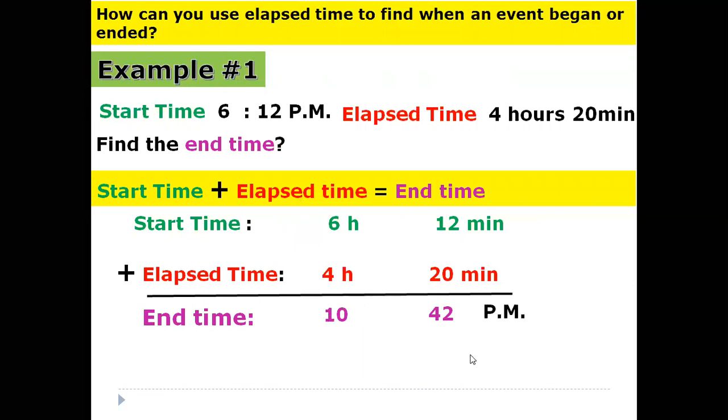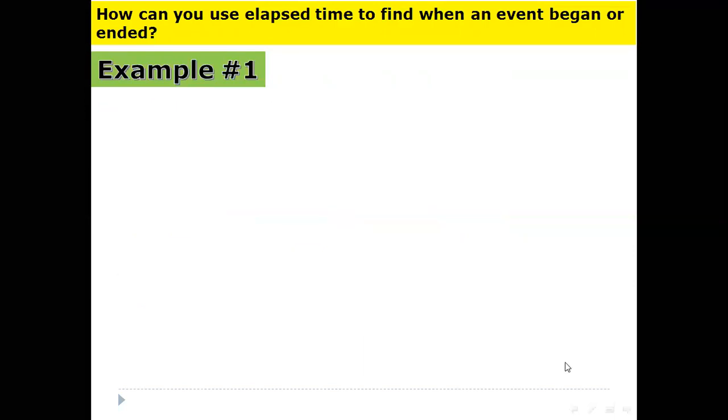PM, why PM? Because when the event started at 6 p.m. and lasted 4 hours 20 minutes, we are still in the duration of PM, afternoon, in the evening. Of course, we're not going to finish in the morning. 4 hours is not that much.